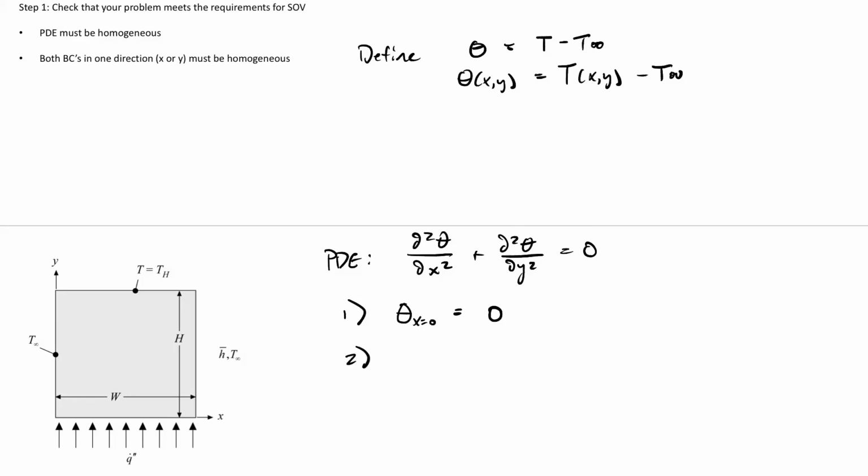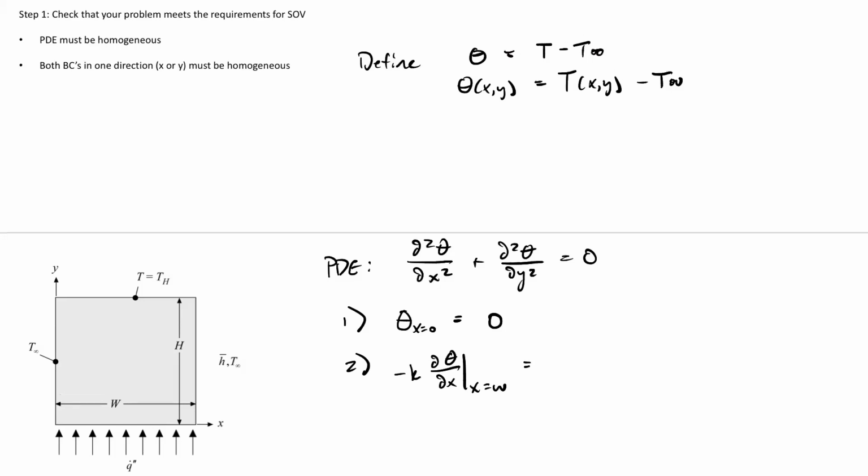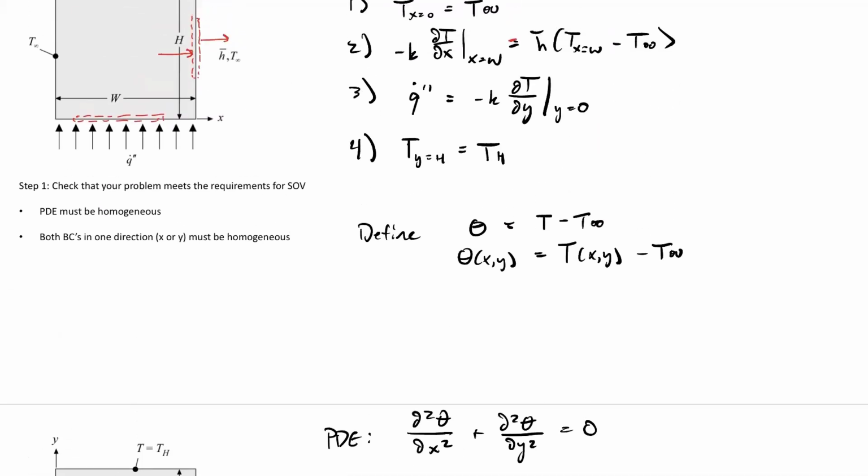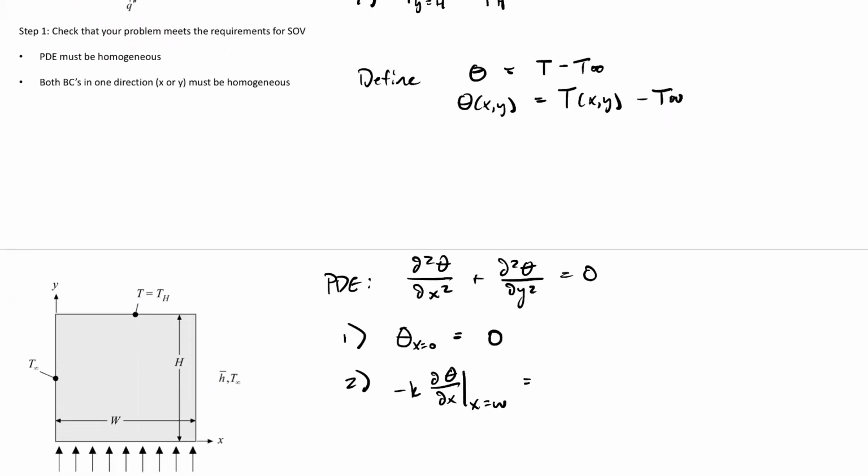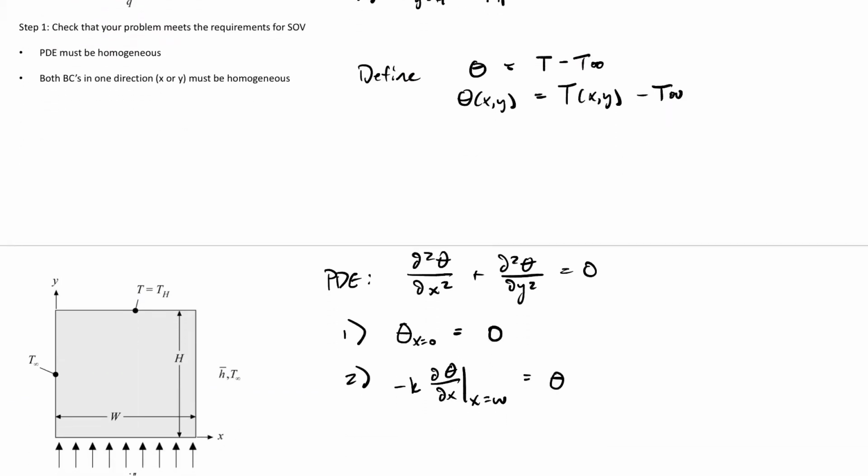Okay, the second boundary condition was at x equals w. So this becomes minus k times the partial of theta with respect to x, evaluated at x equals w, is equal to h times T at x equals w minus T infinity. We substitute in theta, and this is now theta at x equals w times h bar.